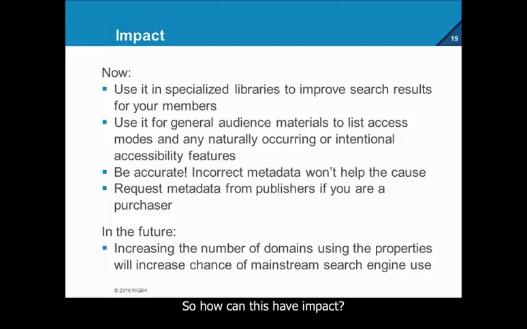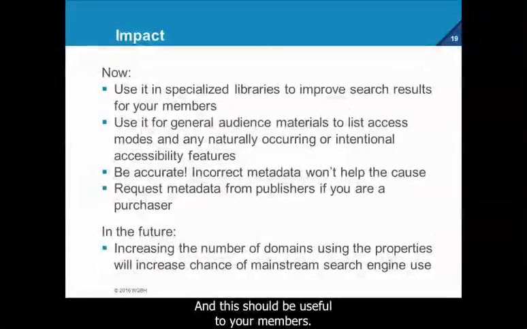So how can this have impact? What can all of us do to improve accessibility for people who need it using these features? Right now, if you are running a specialized library with accessibility for people with disabilities, you can use these metadata properties to give a catalog of the accessibility features of your books, and this should be useful to your members.